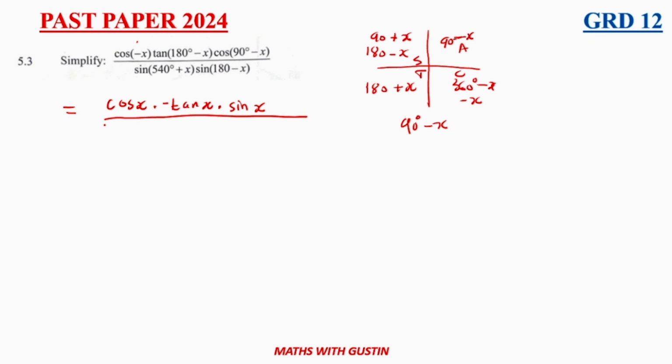So let's have a look: 540 minus 360, how much are you left with? You are left with 180. So basically this thing can also be written as 180 plus x, this one here.